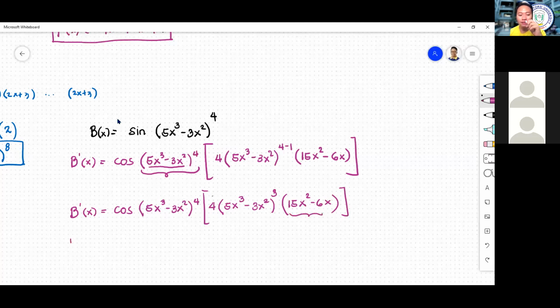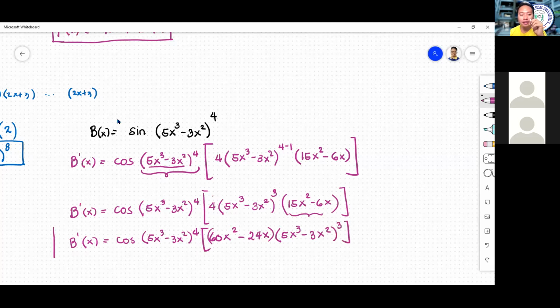So we would have b prime of x equals cosine of 5x cubed minus 3x squared raised to the power of 4 times, what is 15 times 4? 60. 60x squared minus 24x times 5x cubed minus 3x squared cubed. And you're done. This should be your final answer.